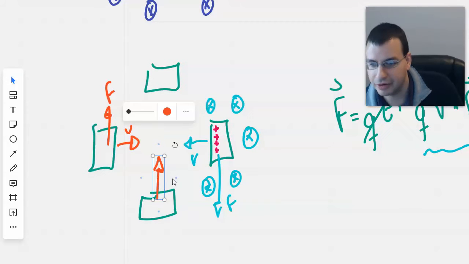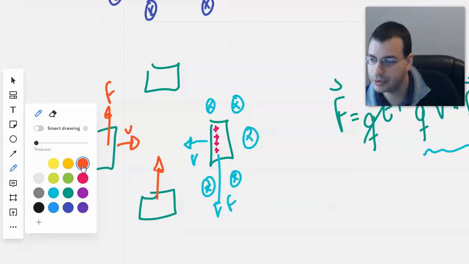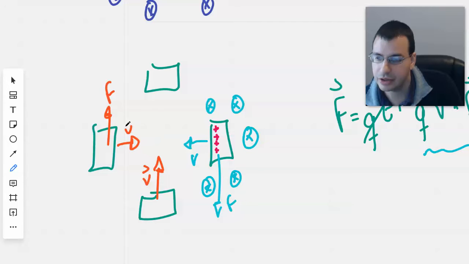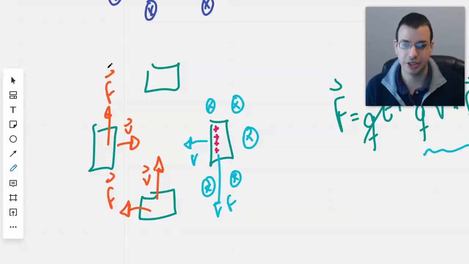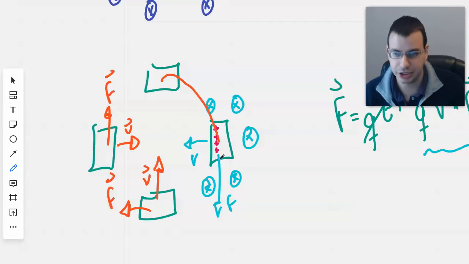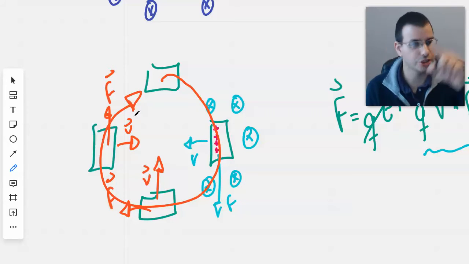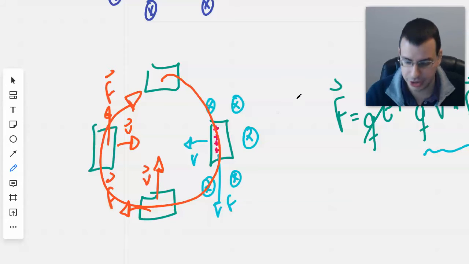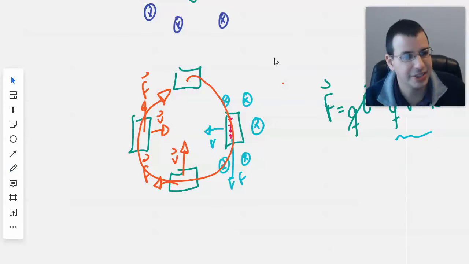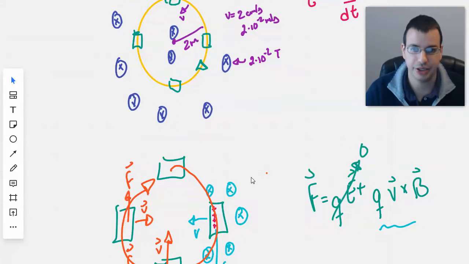So we have force this way. And I'll let you just assume that the top one then is to the right. And the idea here is then we're getting this clockwise motion of current.